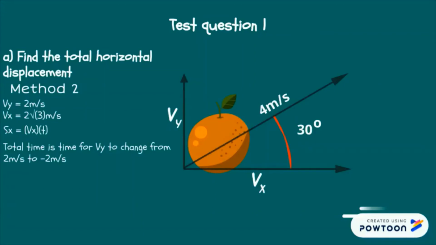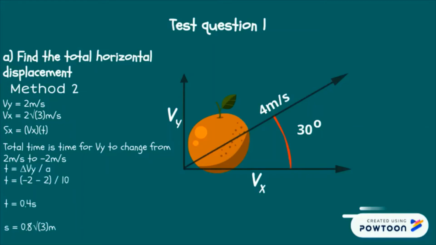And since acceleration is the rate of change of velocity, we can find the time simply by taking the change in velocity, delta Vy, and dividing it by the acceleration. So we have negative 2 minus 2 divided by negative 10. Sorry, I forgot to include the negative there. And we get t equals 0.4 seconds.